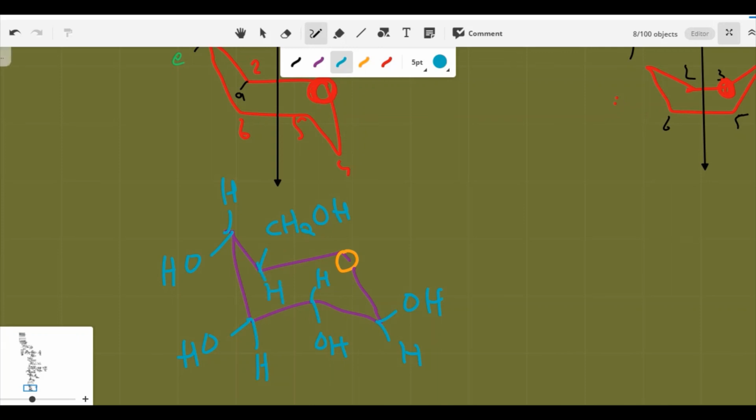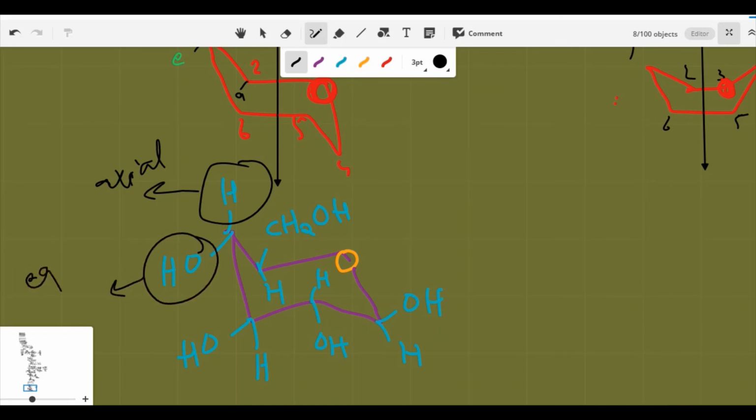And here is also hydrogen. So that is the chair conformation, in which some bonds are known as axial bonds, like here the hydrogen, so that is axial. Okay, so that is an axial bond, while some are equatorial, like the OH group here, that is an equatorial bond.